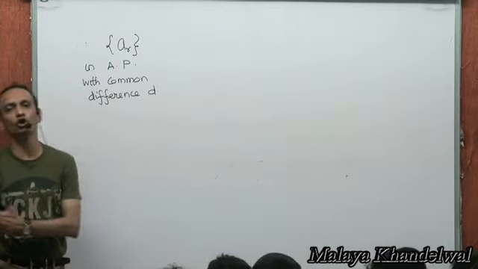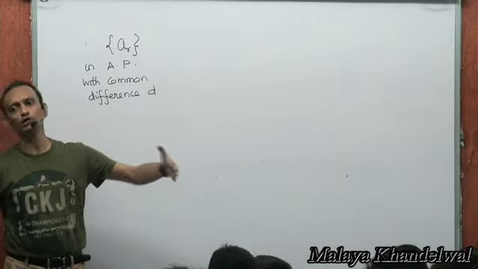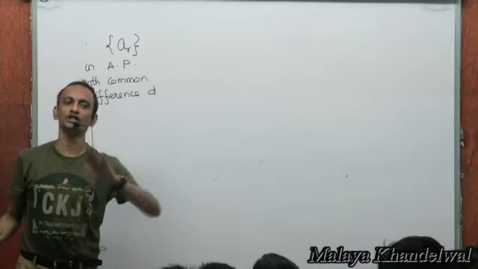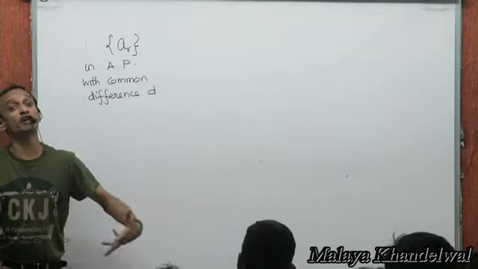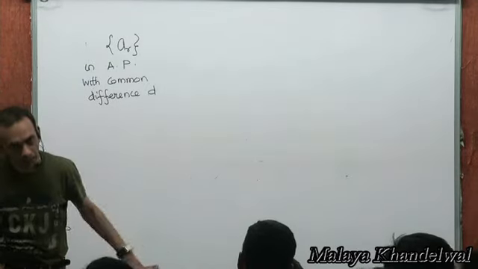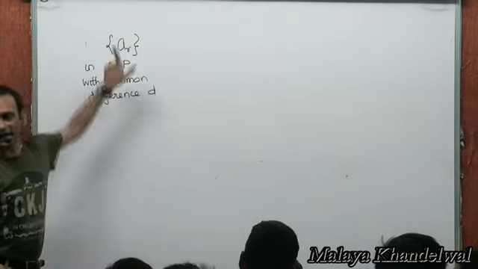If D is greater than 0, the progression increases in value. If D is less than 0, the progression decreases in value. Clear? If D is equal to 0, you have a set of identical terms. Clear? Now, look at this AR.